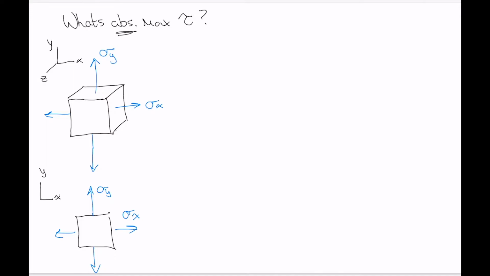And let's set up our axes for Mohr's circle here: positive shear stress, positive normal stress.